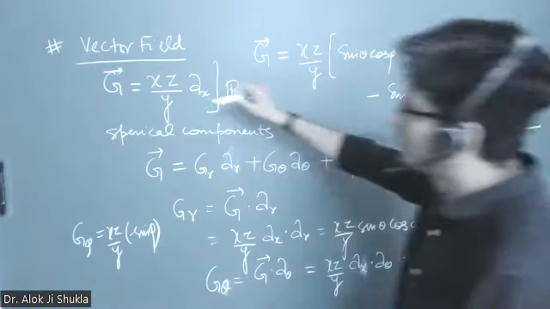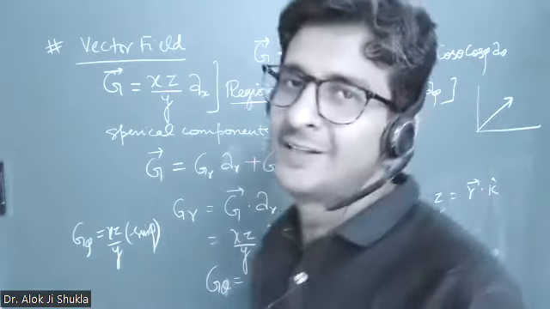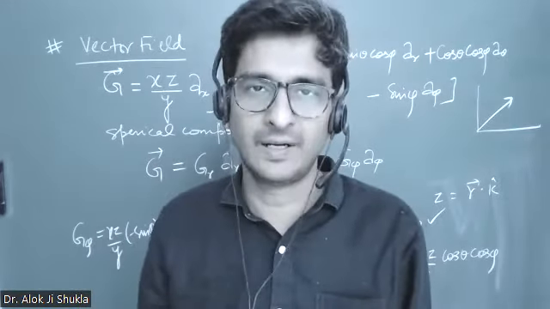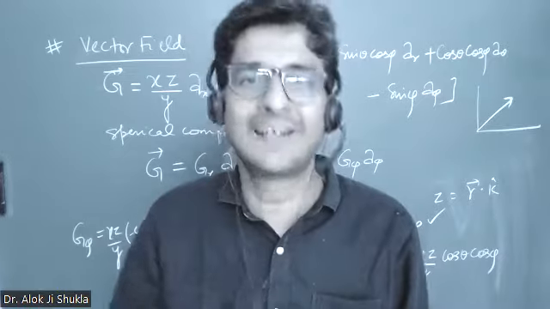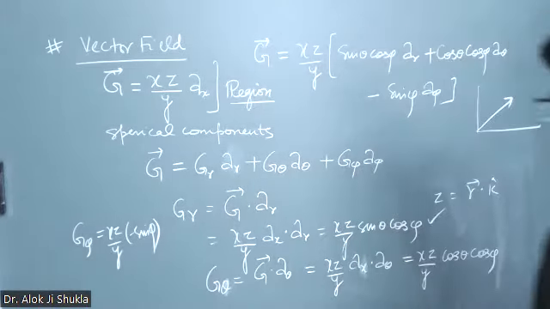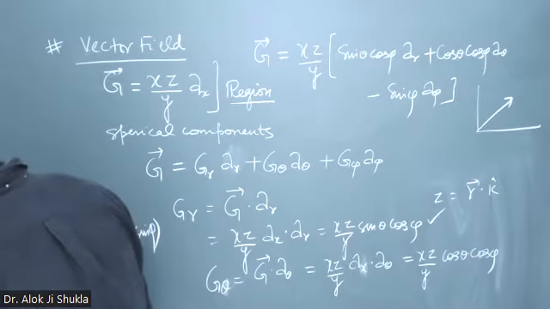But once you have x, y by y, it is defined in the region. At any point x, y, z, you can find this. Such things are called fields. There are scalar fields like temperature, and there are vector fields like electric field. There is a scalar field like electric potential. Those are scalar fields, so they are defined in the region. Concept is clear? Yes sir.